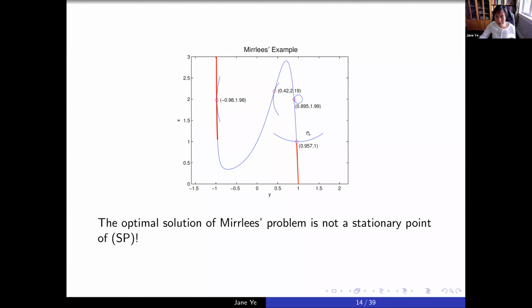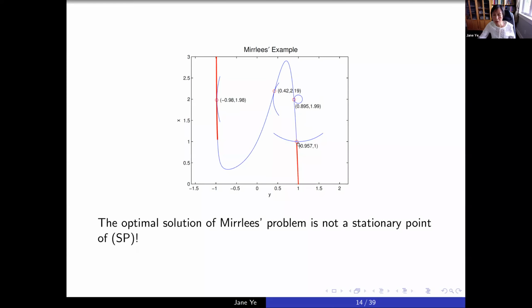And more than that, even if you look at the stationary points, it's easy to tell which are stationary points, because if a point is a stationary point, then the gradient of the objective should be parallel to the gradient of the constraint. These 3 points have this property.